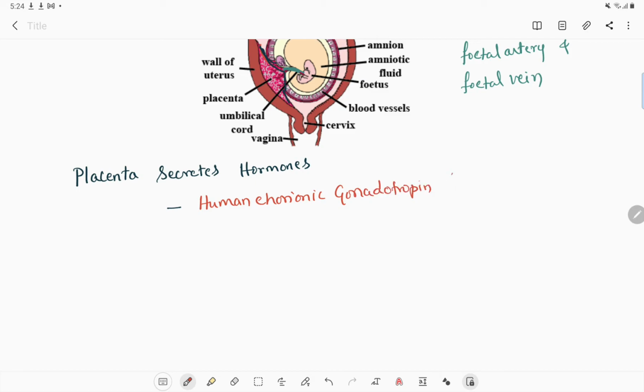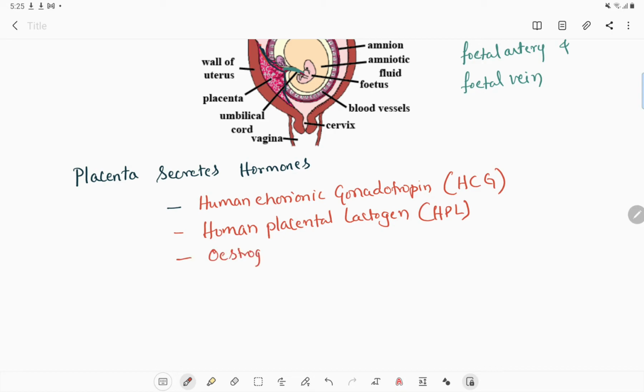Human chorionic gonadotropin, that is called HCG. Next one, human placental lactogen, called HPL. Next one, estrogen. Next one, progesterone.